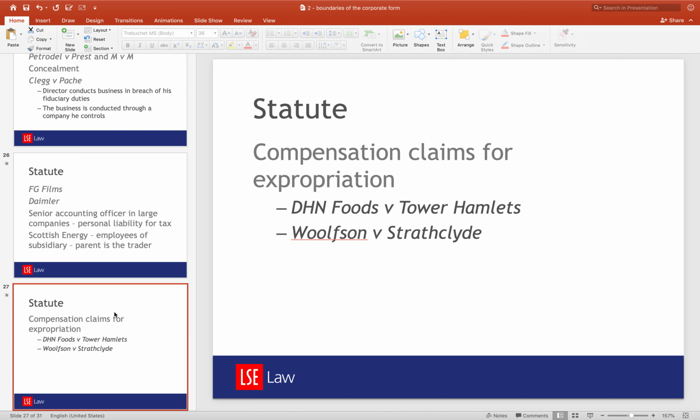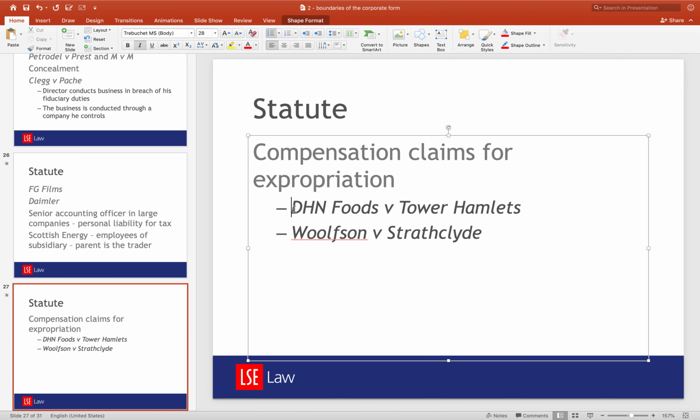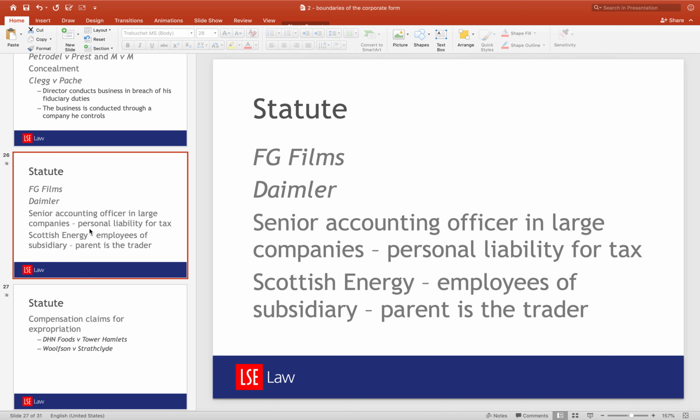DHN Food and Wolfson and Strathclyde were also statutory cases where there was a question of a compensation claim for expropriation. The claim was successful in DHN Food, but wasn't successful in Wolfson. And those are hard to distinguish as cases. But all those cases are cases where you need to apply some statutory rules, and sometimes a parent company is caught by the rules as an actor in its own right.